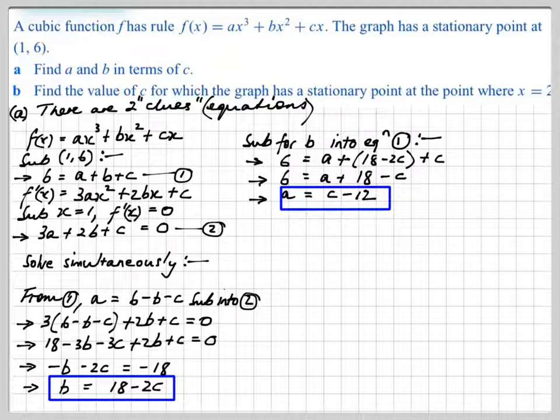I've got the derivative, haven't I? The derivative is 3ax squared plus 2bx plus c, but I know a and b in terms of c, don't I? So really I only don't know c. And I think that third clue enables me to solve it for c.